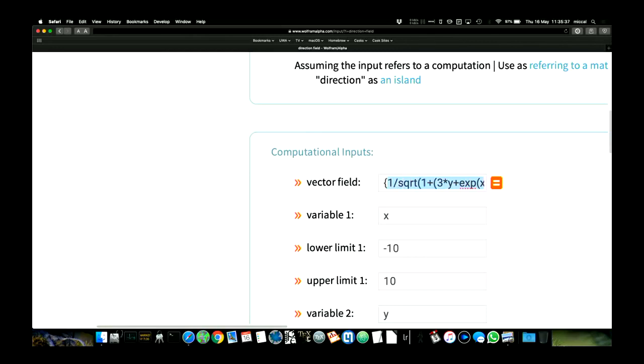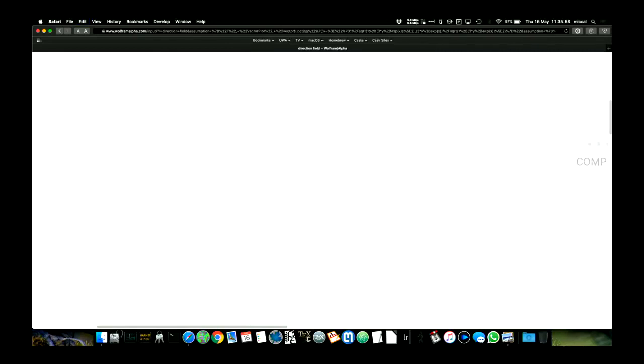And then what bit do I want? Then I copy this and put this there. I need this to be dy/dx divided by this. Fingers crossed.